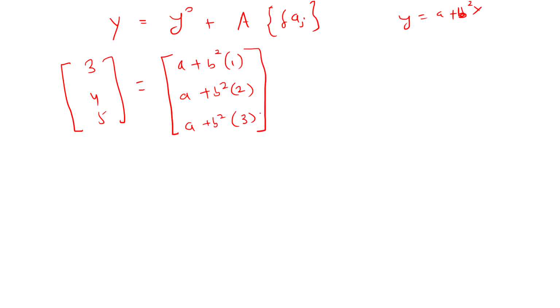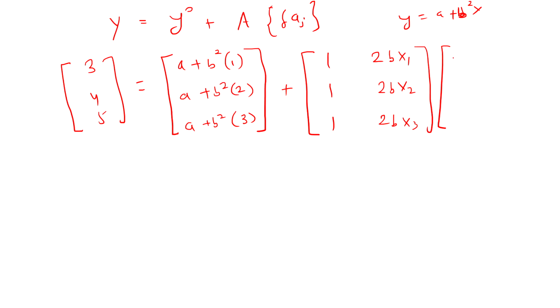So this is my y0. This is the function value at x, plus matrix A. Matrix A was 1, 1, 1, 2bx1, 2bx2, 2bx3, and then we have a minus a0 and b minus b0. So this is delta b, if you can see it.